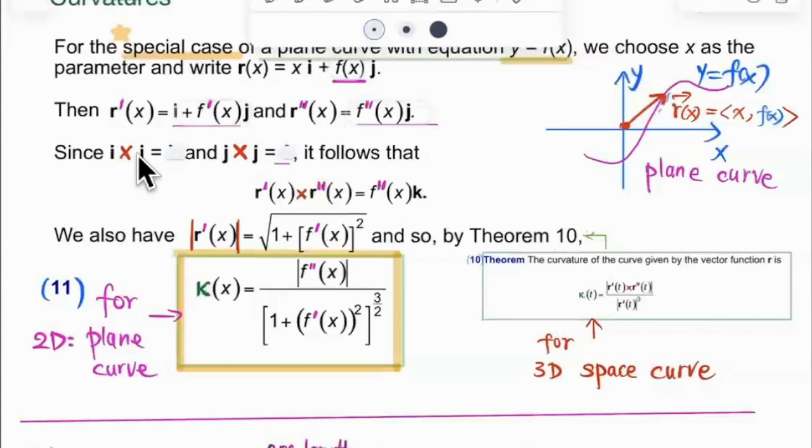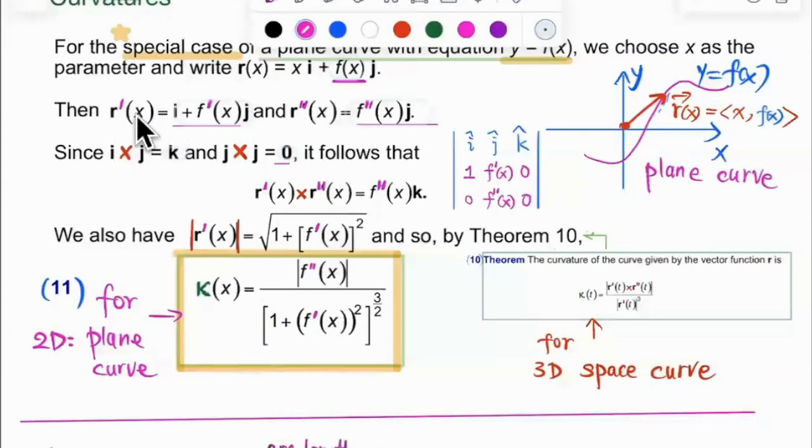i cross j will be k. And j cross j, any vector crossed with itself, will be equal to 0. Remember, when you cross this vector, we can actually distribute. So we have i cross this, and because i cross j is k, we get f double prime of x k.